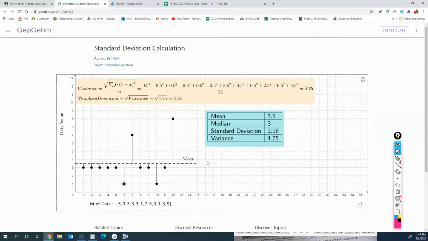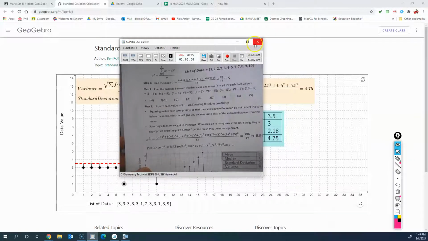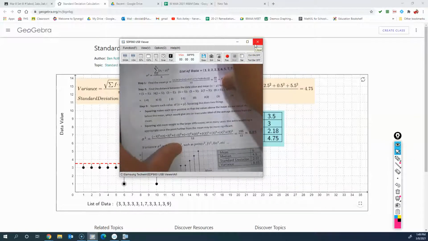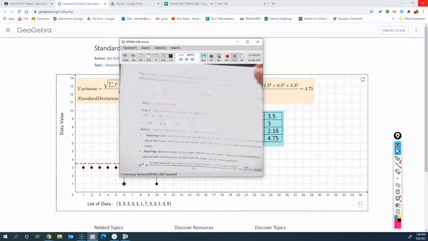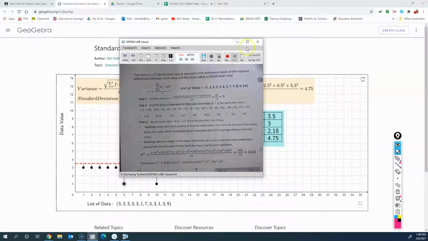All right, so the process for doing this, if you flip over to the back now. Okay, here's how you get the standard deviation. You first calculate what's known as the variance.